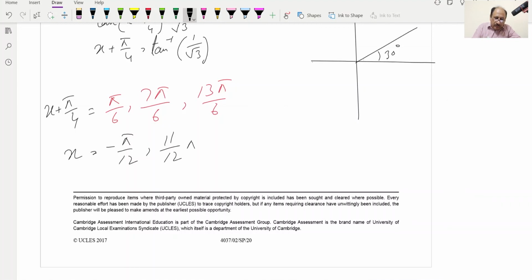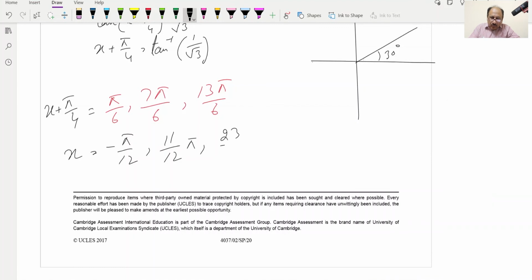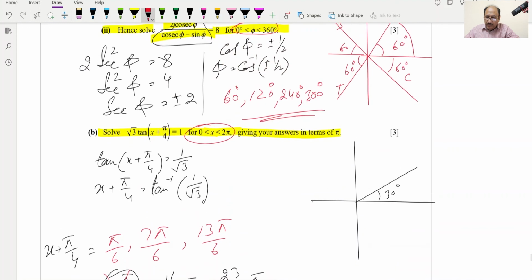And 13 pi by 6 minus pi by 4 is equal to 23 over 12 pi. And we can check that minus pi by 12 is on the negative side, which is not required, an excluded value. So these are the answers which we will be giving for this 3 marks part.